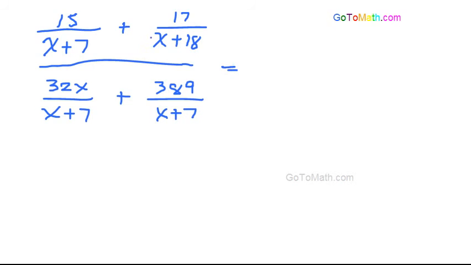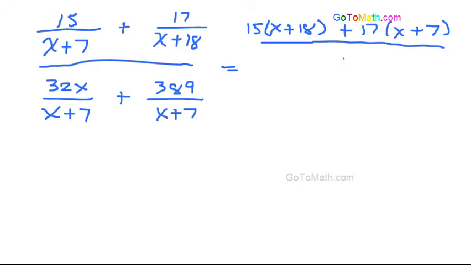Okay, so the first thing we'll do is go ahead and get this to one single fraction. So we're going to end up having 15 times x plus 18 plus 17 times x plus 7. And that's going to be all over x plus 7 times x plus 18.